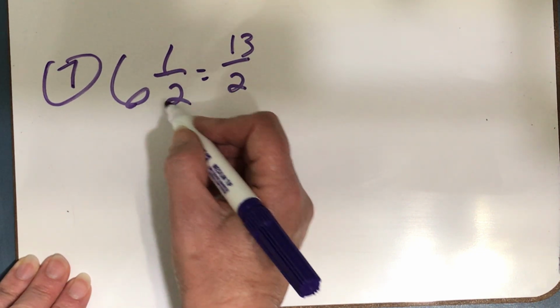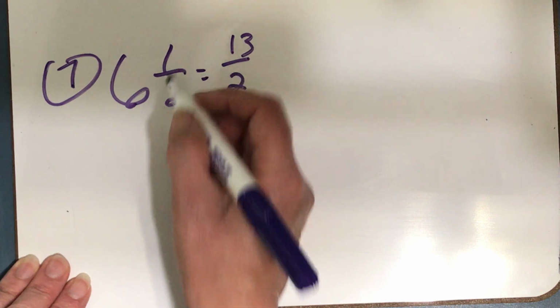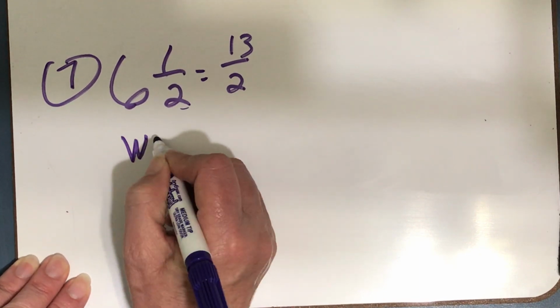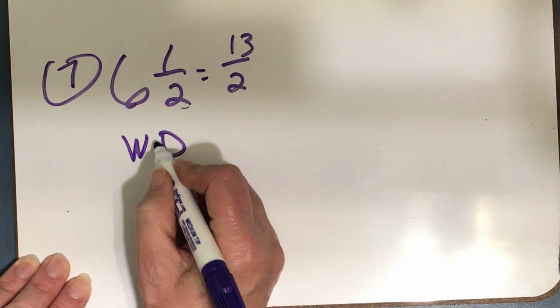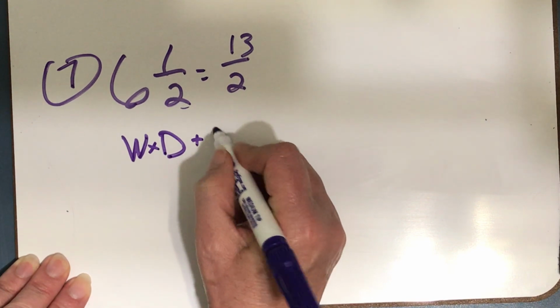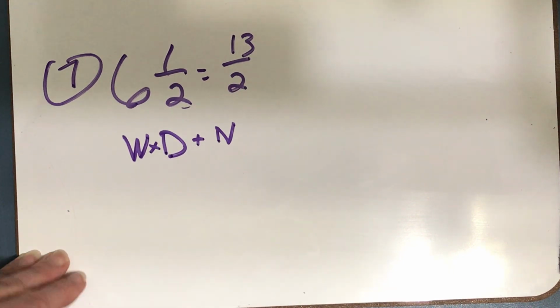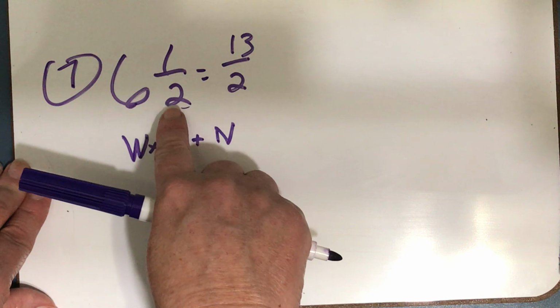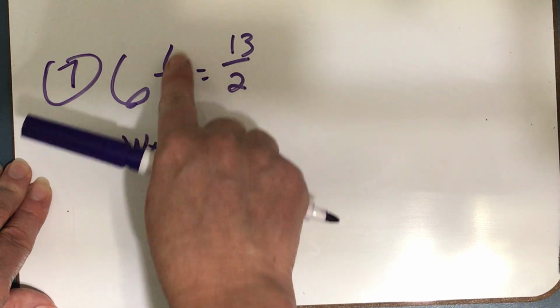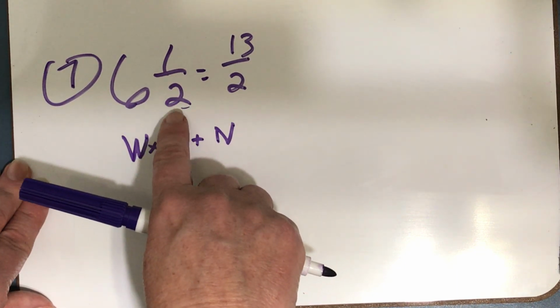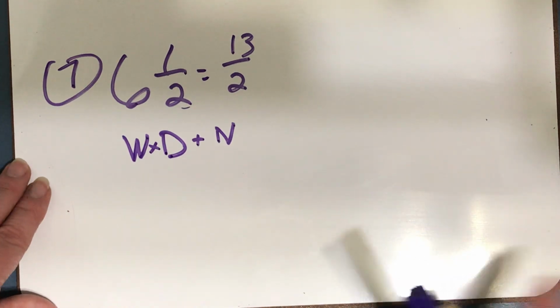Whole number times denominator plus numerator. Those are the steps. Your denominator is going to stay the same. It will not change to anything else.